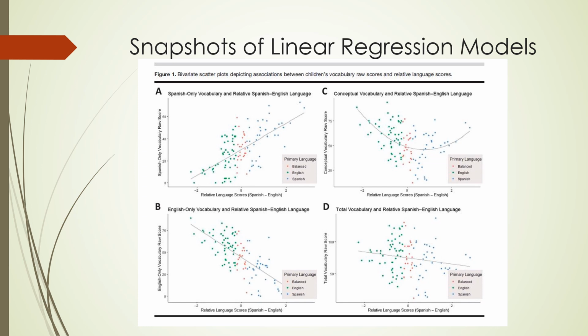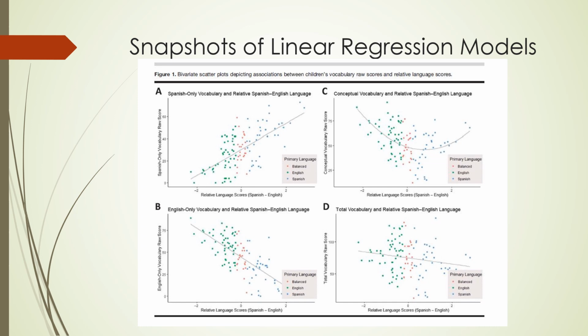So this snapshot that you see here is one of the linear regression models from the article. This depicts the children's raw score vocabulary test scores in relation to their relative language. Like I said at the beginning, the EOWPVT4 test was used to determine the primary language for the student. So I like to keep that in mind when I'm looking at these scatter plots.